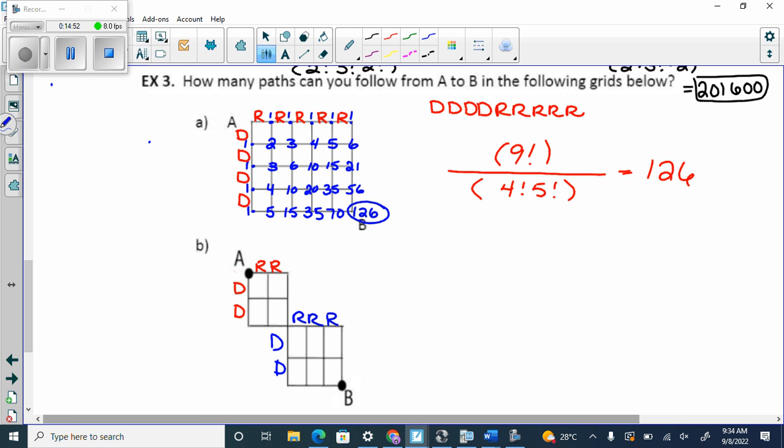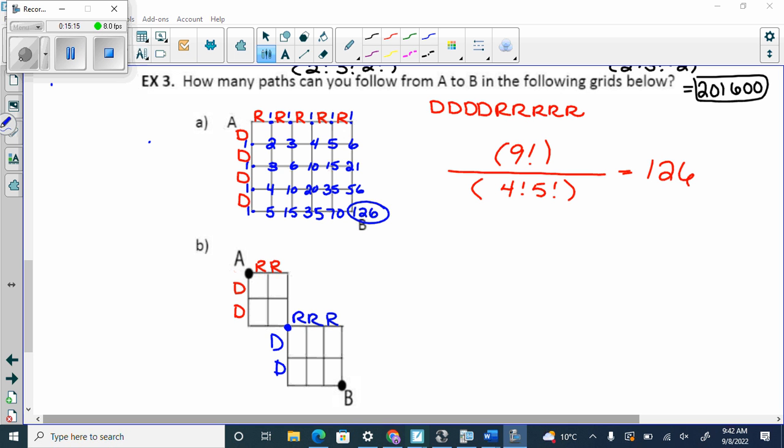Well, I have to ask myself, do I need these paths up top and these ones to get me to B? Or could I just use these ones or just these ones and get me to B? You're going to have to multiply because it's and. You need the top ones and the bottom ones to get you to B. So find this one separately, and then multiply. Try that out.